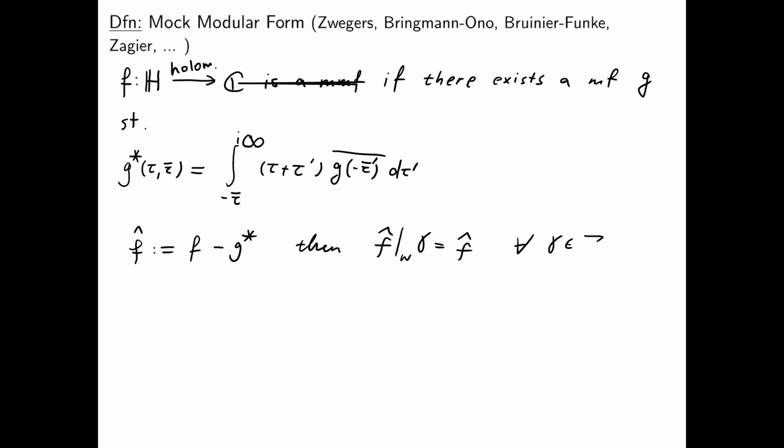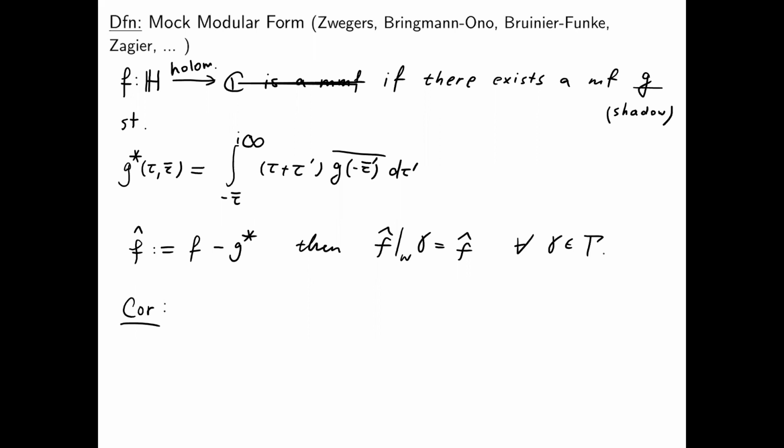Okay, so if you can find such a G, such a modular form G, which we call the shadow of F, such that we can correct the non-modularity of F, then we say it's a Mach modular form.